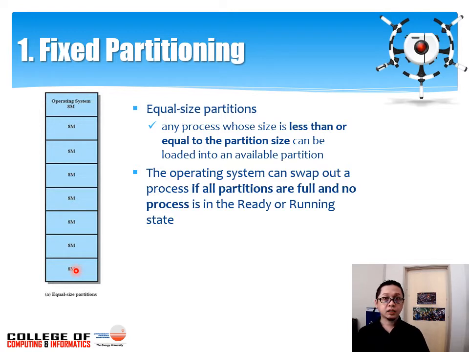So the operating system can swap out a process if all partitions are full and no process is in the ready or running state. This is basically the available slots, and the incoming process must accommodate this slot when needed. If the memory block is already full, then the incoming or inactive processes must be swapped out from this space.